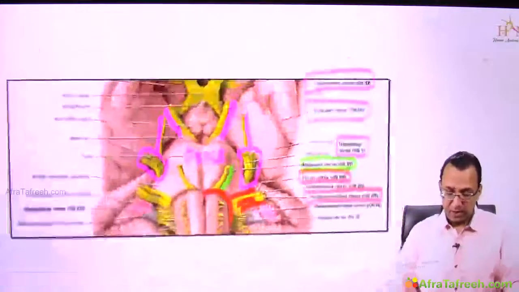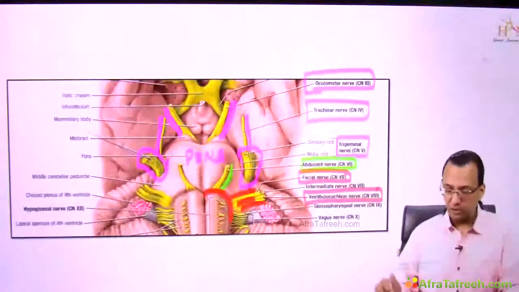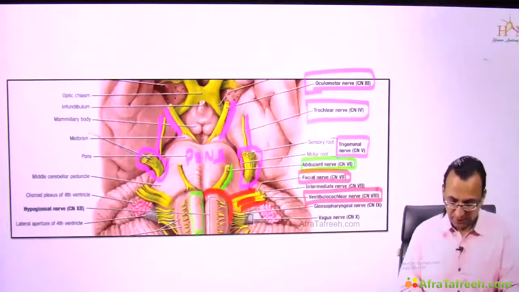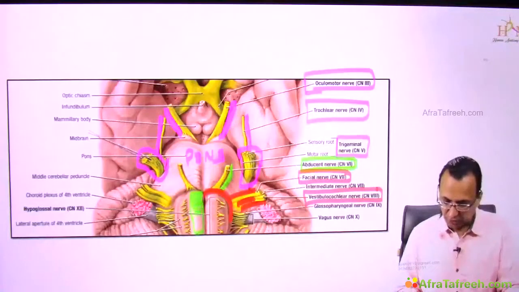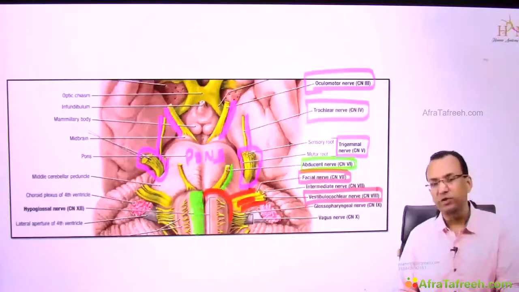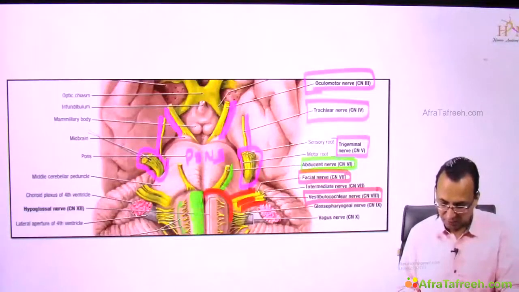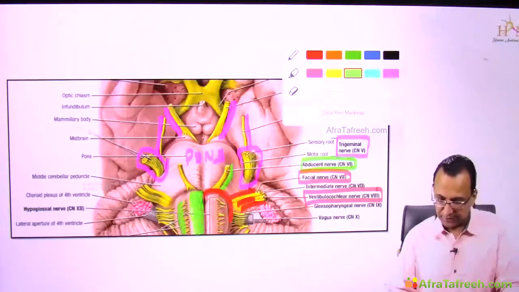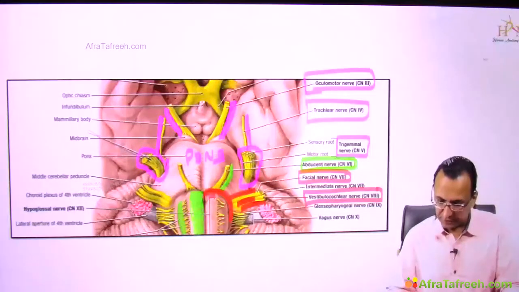Understand that in the medulla oblongata you have one anterior structure which is called the pyramid, and what is the posterior structure? That is the olive. This is the pyramid here, and this is the olive behind that.